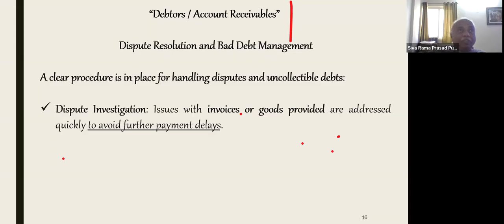Dispute investigation: for the invoice, goods provided should be addressed quickly to avoid further payment delays. Once the funds are received, they are useful for purchasing raw material. Then the company will continue as a going concern. Thereby, my dependence on interim finance will reduce.